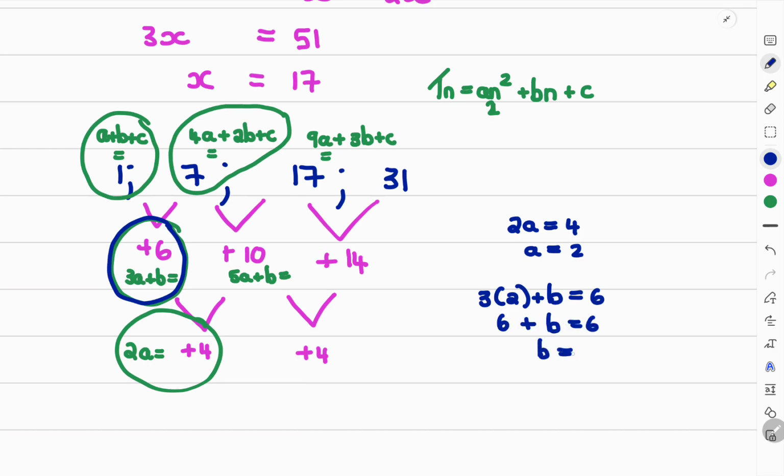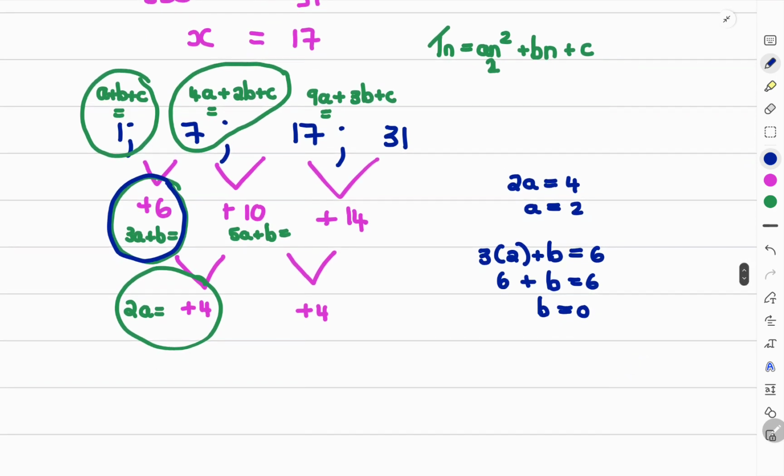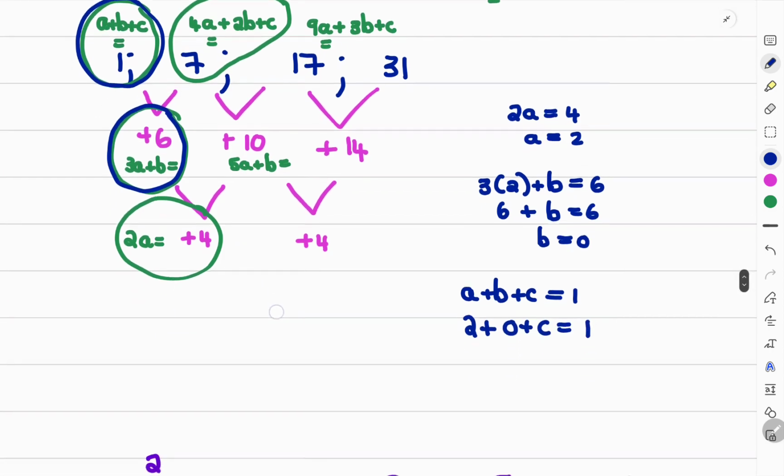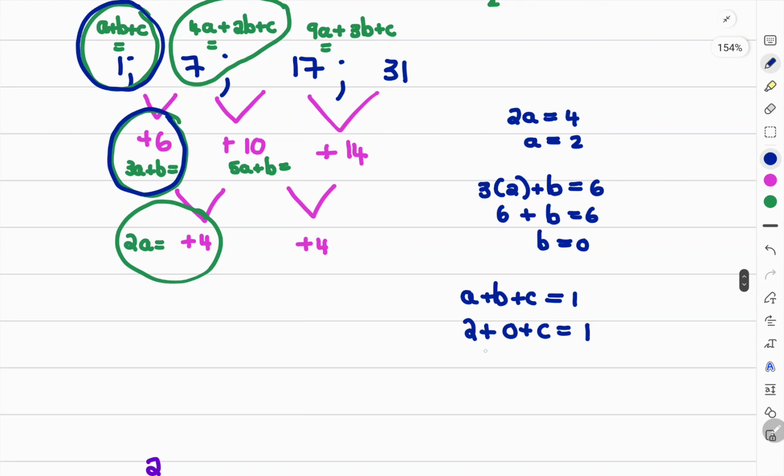So b is equal to 0. And to get the last one, I'm going to use my last equation over here. a plus b plus c is equal to 1. a is 2, b is 0, and then I need to work out c. So c is equal to 1 minus 2, which is negative 1.